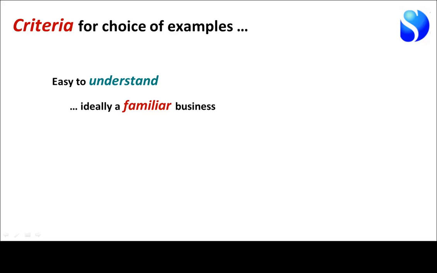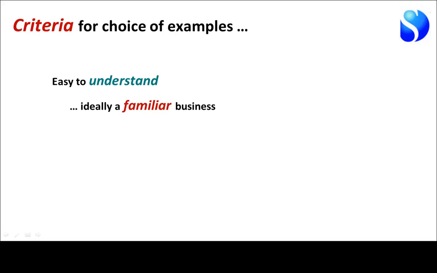Very few of us have got personal experience of what an advertising agency is, and certainly if you're teaching undergraduates, they won't have a clue, and no particular reason why they should. So it's important to find examples that are easy to understand, and ideally a familiar business setting.